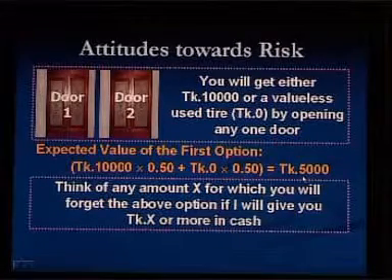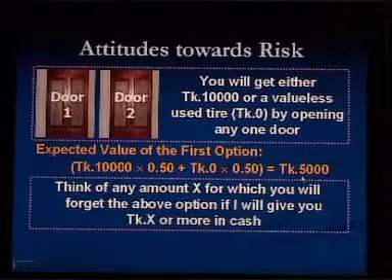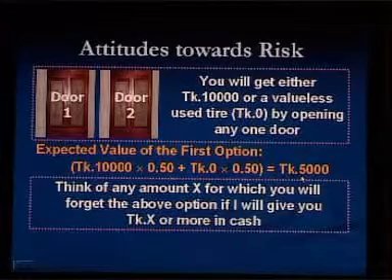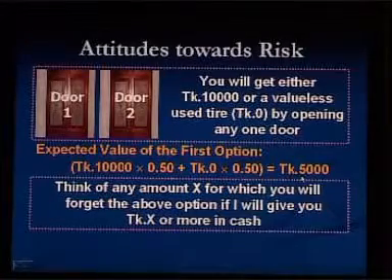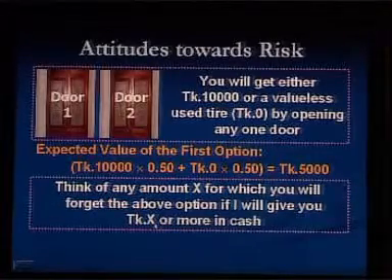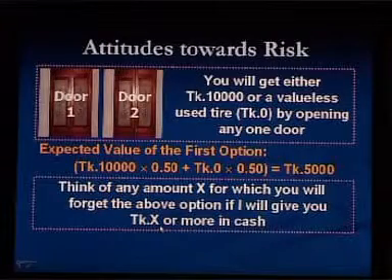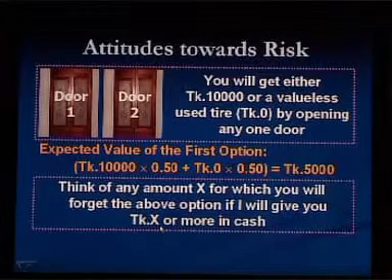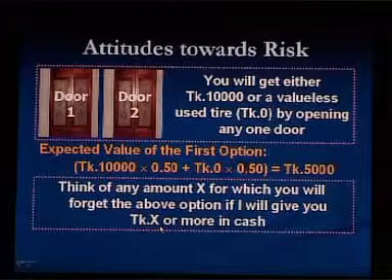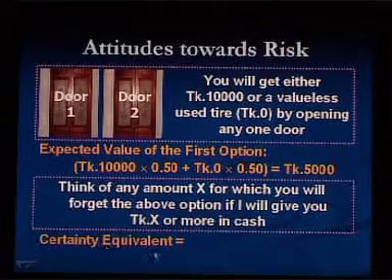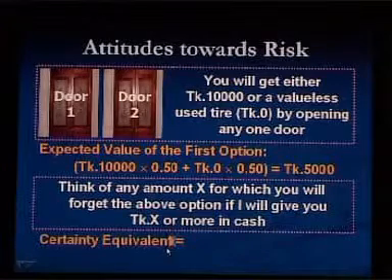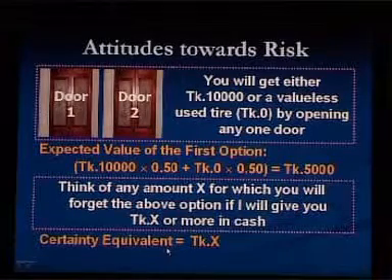Now, just think by yourself and decide what taka amount would make you indifferent between taking what is behind the door or taking the money, that is x. The amount you are thinking about to forget the first option, that is the uncertain option, is called certainty equivalent. Let this certainty equivalent be taka x.